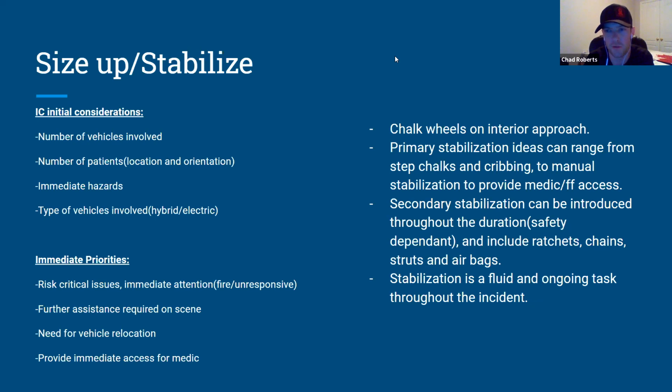I mean, in the AutoX competition world, that's not really acceptable. But when it gets out onto the street a little bit, these are acceptable risks to take sometimes. So it can be as simple as that. But ideally, your simple primary stabilization is your step chocks, your wedges, your 6x8s, whatever is used.